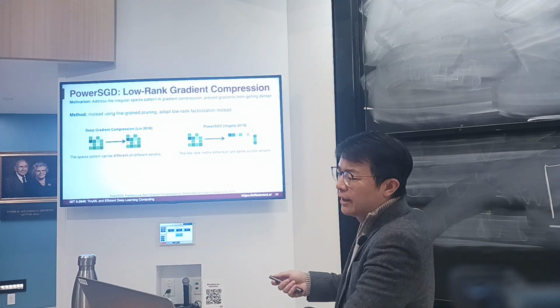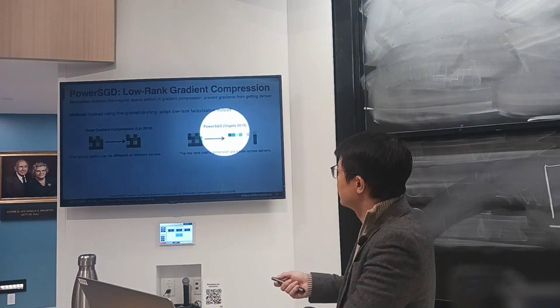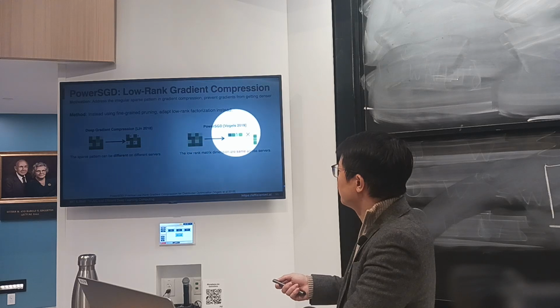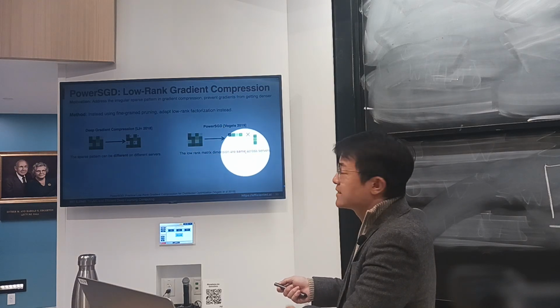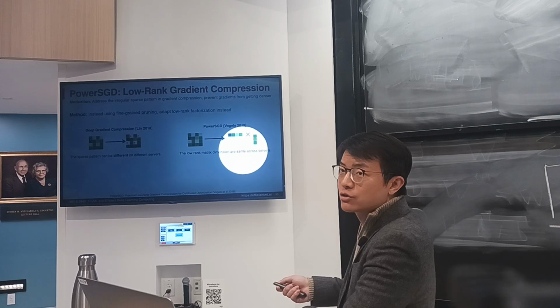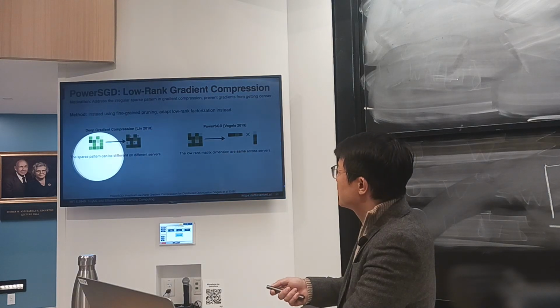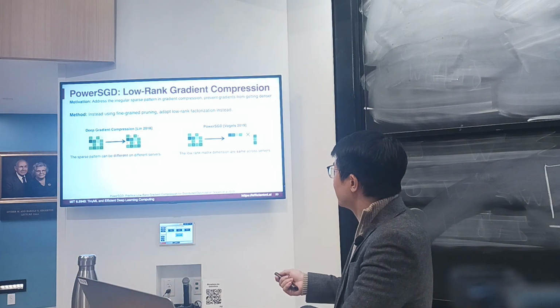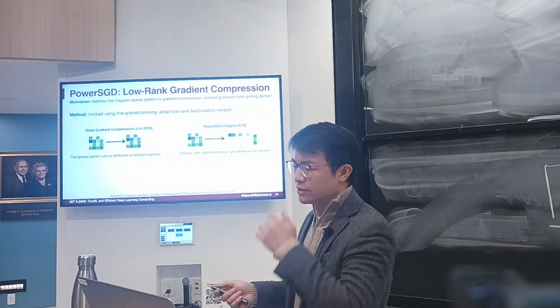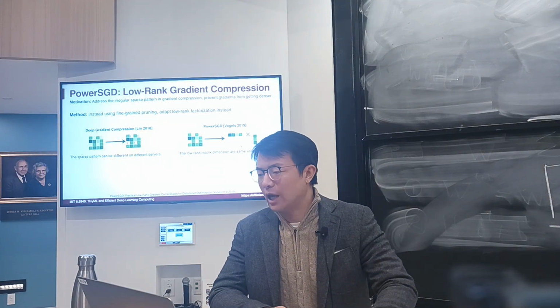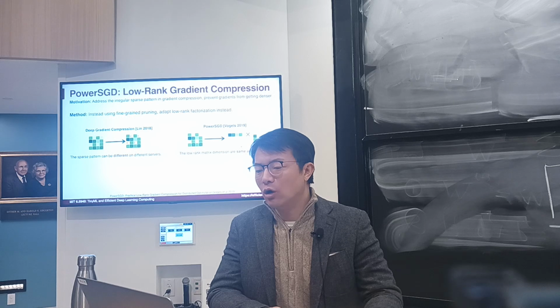The advantage is that the low rank matrix dimensions, 4x1 and 1x4, are the same across all the servers. So when you are doing a ring all-reduce, you are not going to get any difference. Not like sparsity, where you can get denser, here it will not get denser or sparser. The dimension is the same as you perform all-reduce.